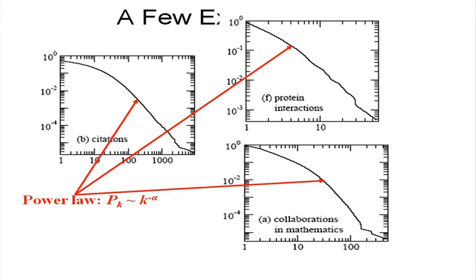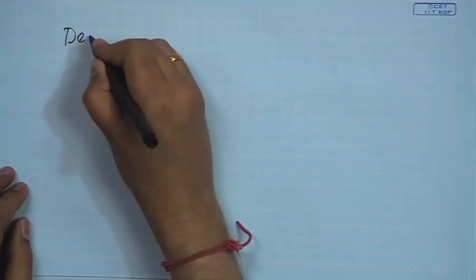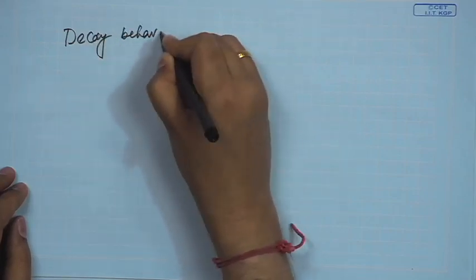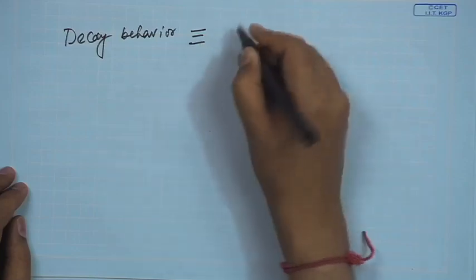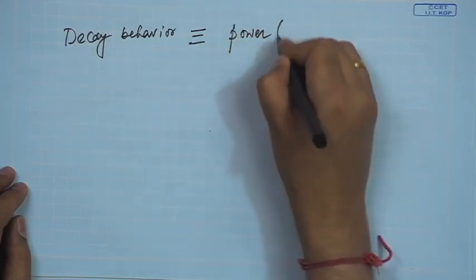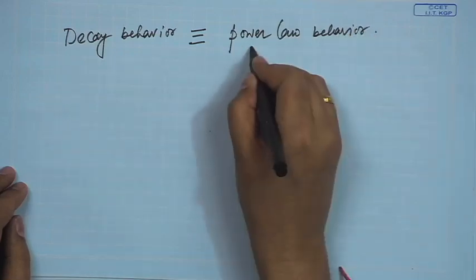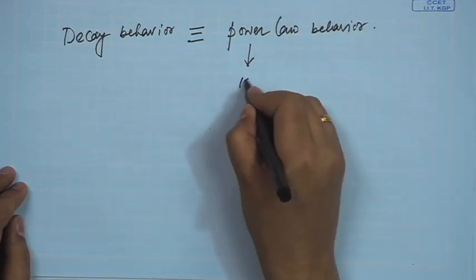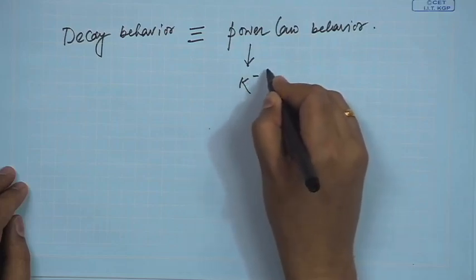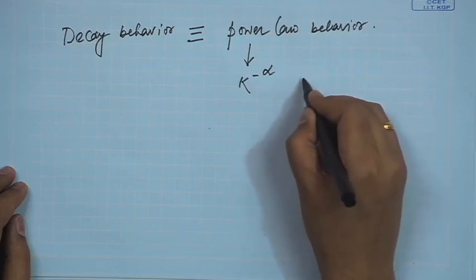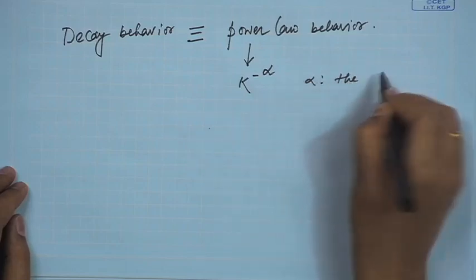This decay pattern is sometimes termed as the power law behavior, because the decay happens as k to the power minus alpha, where alpha is the constant power.